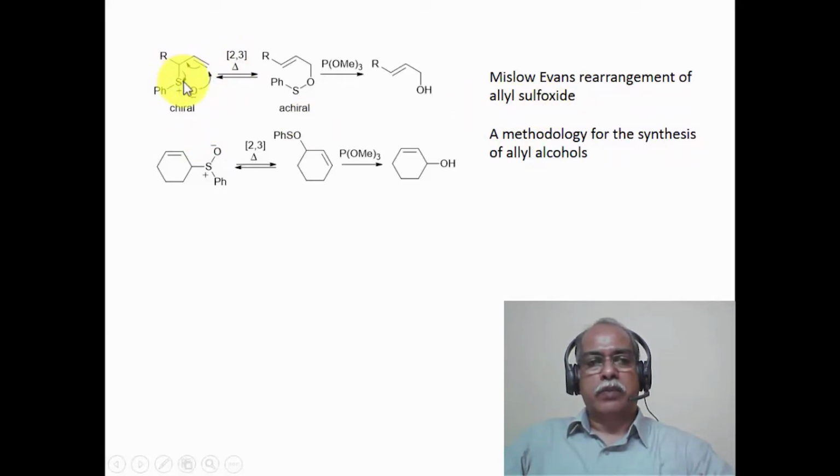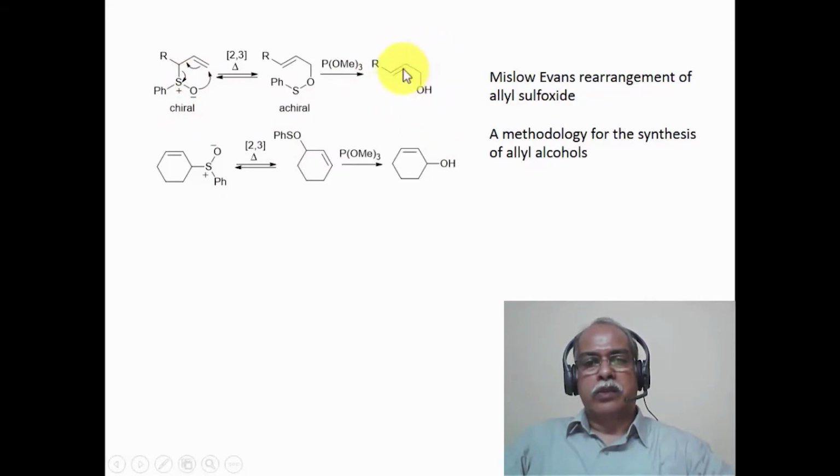The carbon-sulfur bond is broken and the oxygen-carbon bond is formed to give a sulfinate ester. The sulfinate ester, of course, undergoes desulfurization when it is treated with trimethyl phosphite, producing the corresponding trimethyl phosphine sulfide, and the corresponding allyl alcohol is produced. So the allyl sulfoxide actually acts as a precursor to produce the allyl alcohol.